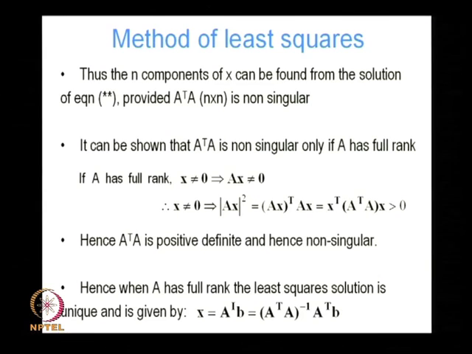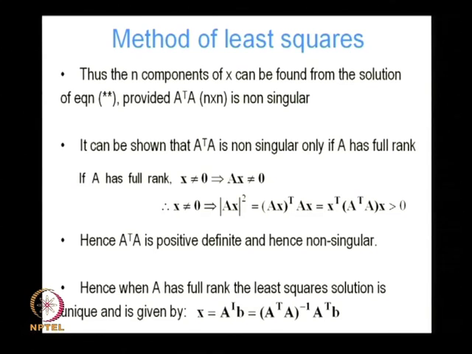Why is that? Well, if A has full rank, then for any x not equal to 0, A x cannot be equal to 0, right, because A x equal to 0 is going to give me x not equal to 0 only when A is singular. So, if A has full rank, if A is non-singular, then x not equal to 0 implies A x is not equal to 0.